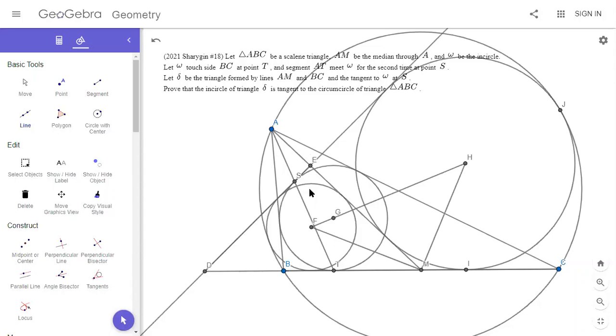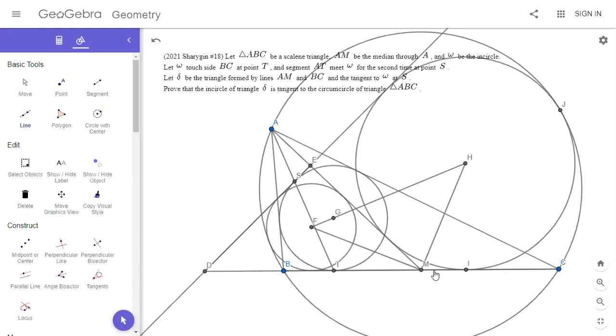So we're showing the tangent at the incircle to point S is also tangent to the two Thebault circles, with AM as the Cevian. It's another way to say it.